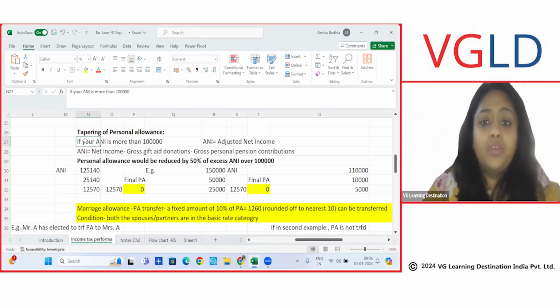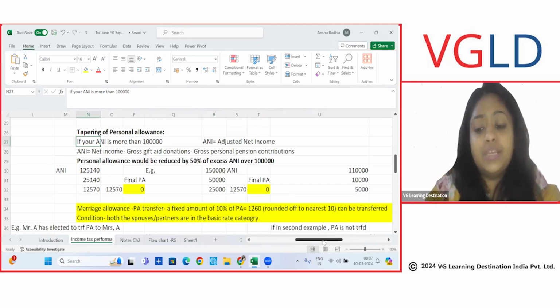The concept says if your adjusted net income is more than 1 lakh, then PA will be reduced by 50% of the excess over 1 lakh. Okay, I'll explain this. But first, let's understand how we calculate adjusted net income.